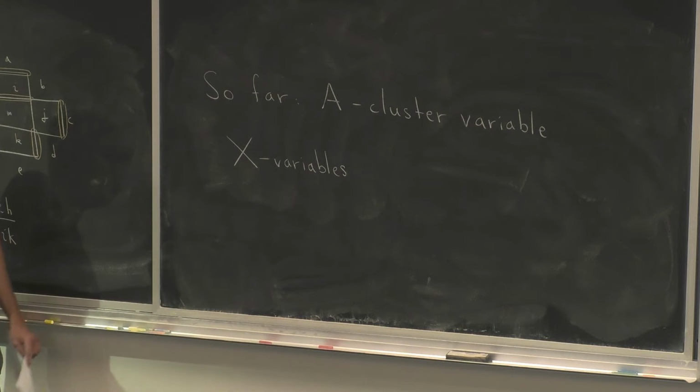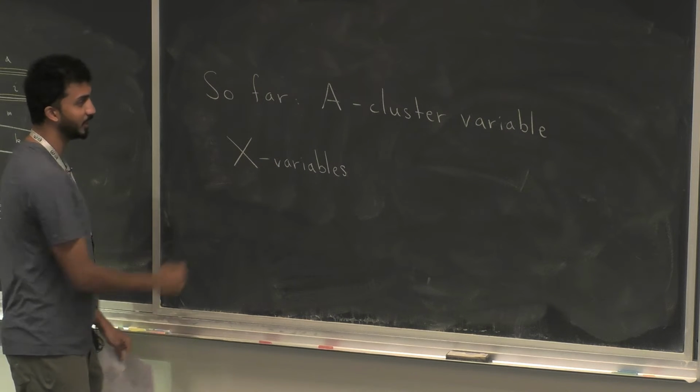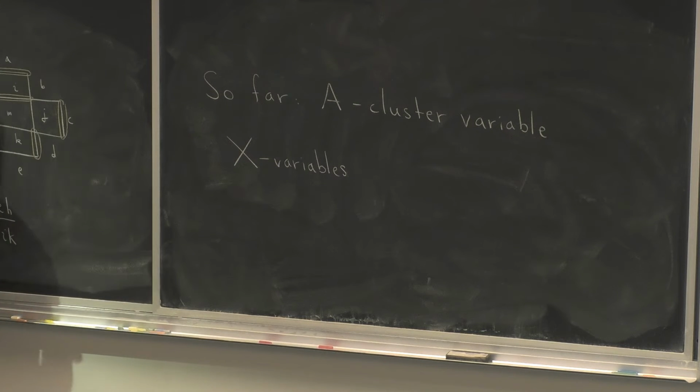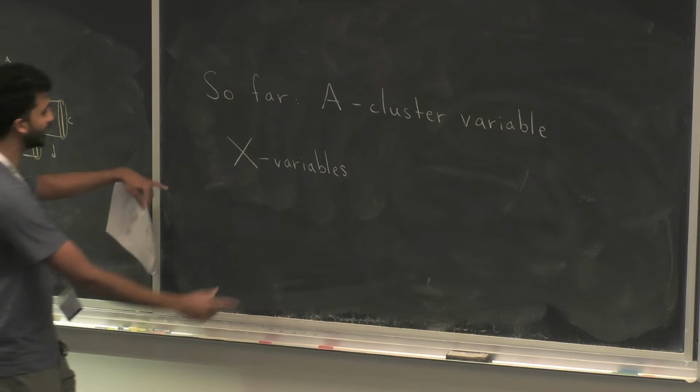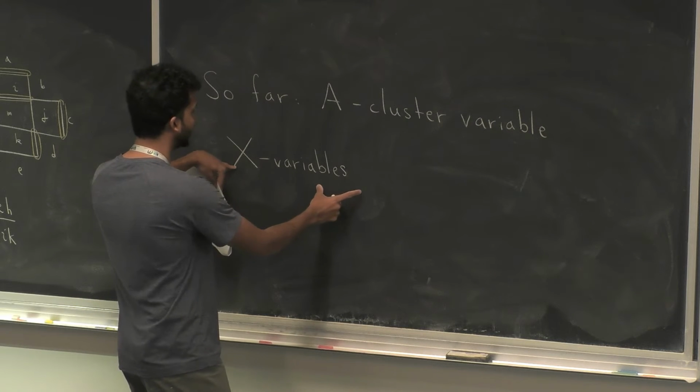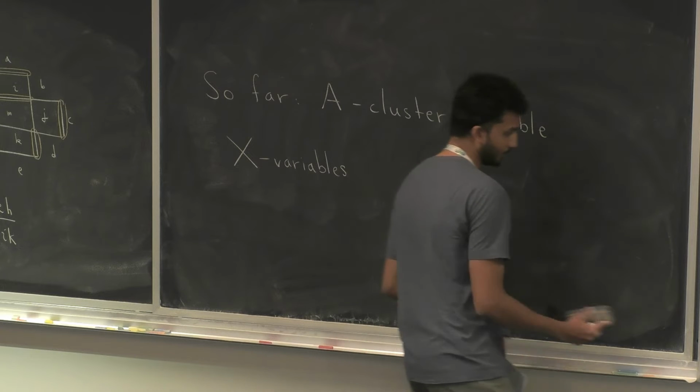And this one is perhaps even more natural from the point of view of the dimer model. So the next thing I want to say is what are these X cluster variables and how do they show up?